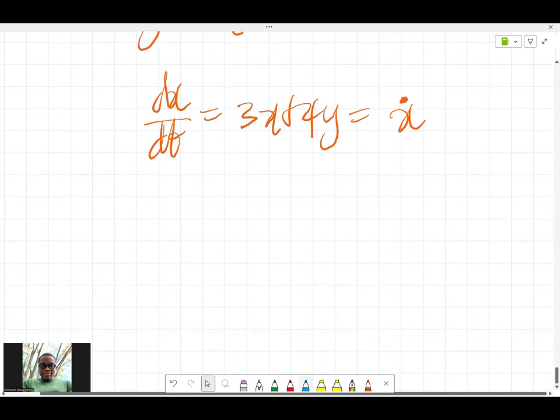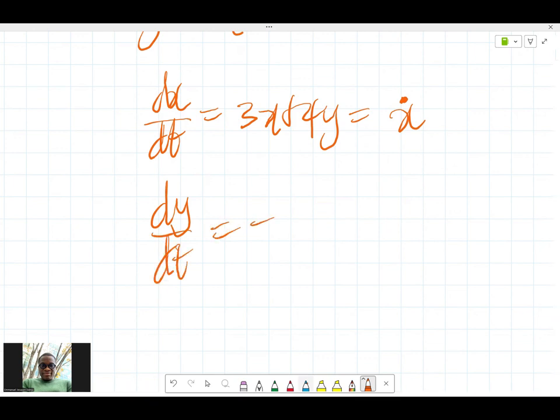And dy/dt is equal to minus x plus y. Call that y dot.